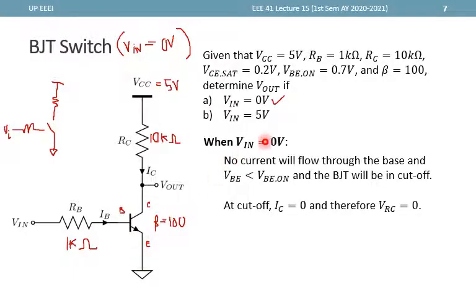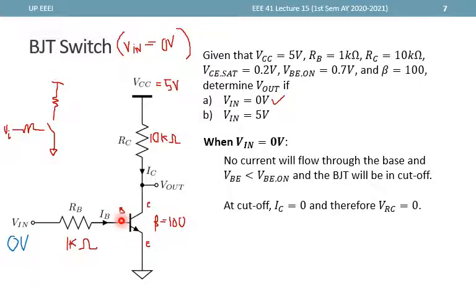So when Vin is 0 volts, so we have here this 0 volts right here, and we know that this junction here is also 0 volts, then most likely there will be no voltage drop in this case for the base emitter junction that is enough to turn it on.